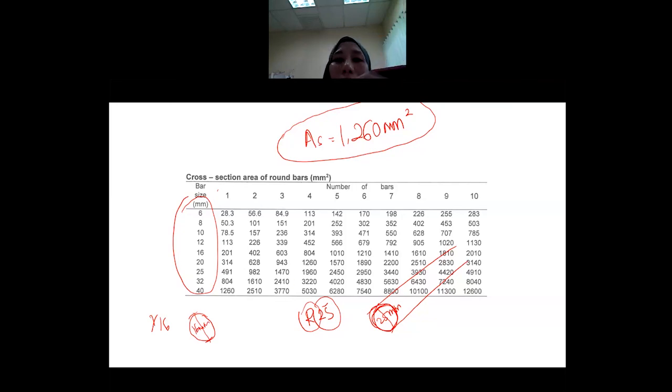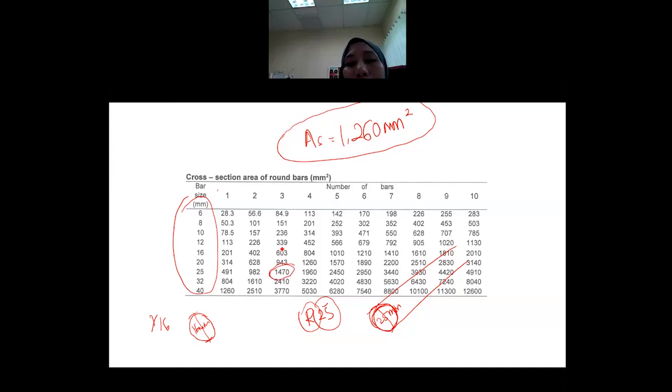Okay, so bila you tengok kat sini, for example, here I have minimum value of steel area 1260. So, I boleh tengok dekat sini mana value yang lebih besar dari 1260, but not too big. Not too much bigger than value 1260 ni lah. So, mungkin I boleh ambil this one. Okay.